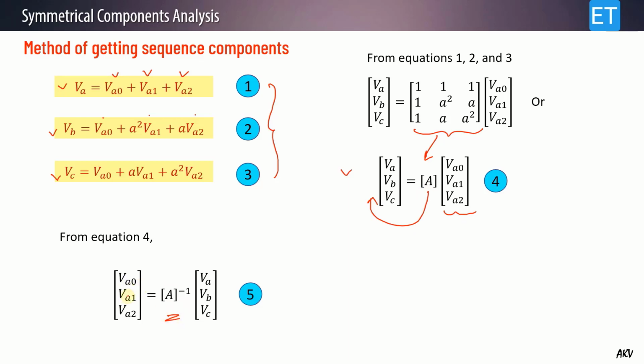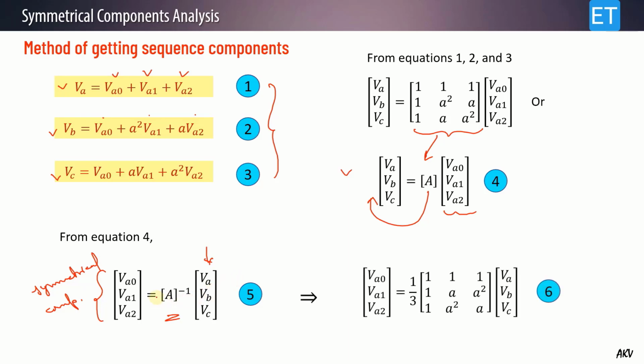So VA0, VA1, VA2, these are your symmetrical components in terms of the unbalanced input vector. Equation 5 is actually the answer, showing how I can achieve these symmetrical components, VA0, VA1 and VA2, just by multiplying the inverse of A with this unbalanced input vector. So I will get the answer from equation 5.